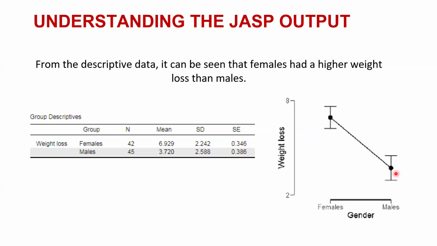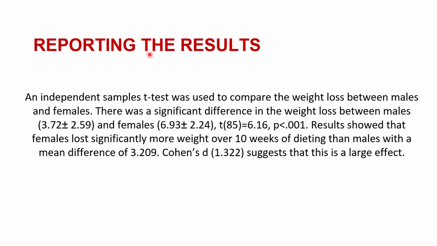Now let's put that together in our conclusion. Visually, it does look like there's a real difference between the groups, hence it is supported by our independent samples t-test table result. And indeed, there is a significant difference. In reporting, we indicate that an independent samples t-test was used to compare the weight loss between males and females.